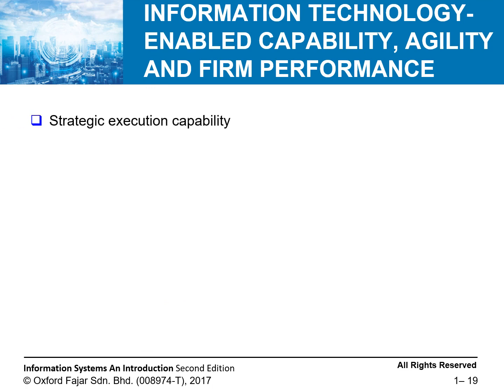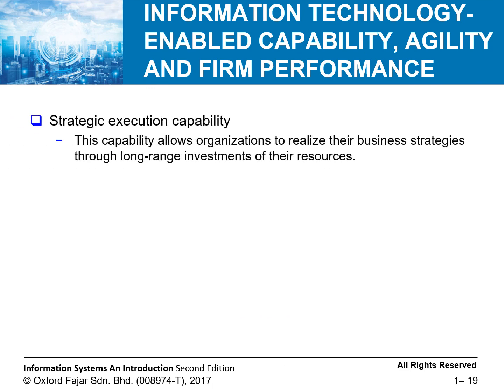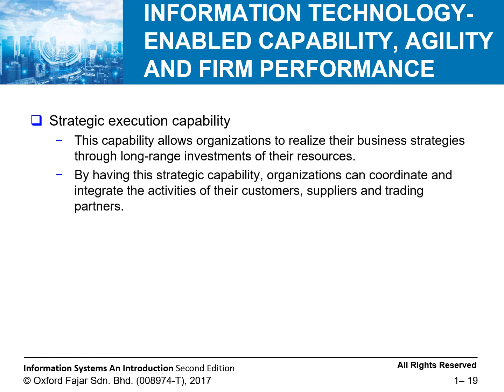The second one is strategic execution capability. This allows organizations to realize their business strategies through long-range investment of their resources. By having this capability, organizations can coordinate and integrate the activities of their customers, suppliers, and trading partners.